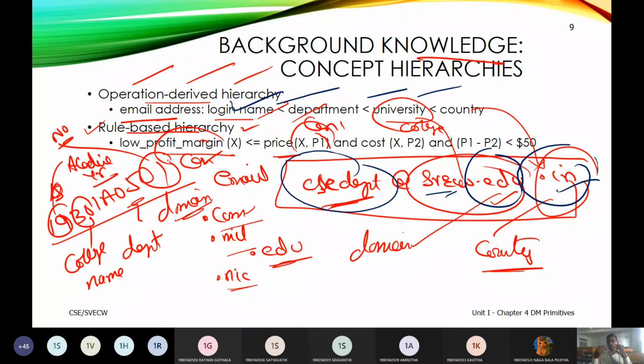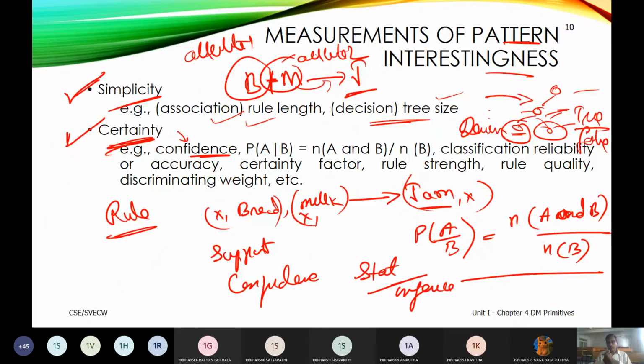So we do these things as part of an operational content, and thereby we need to look at the measurements of a pattern.